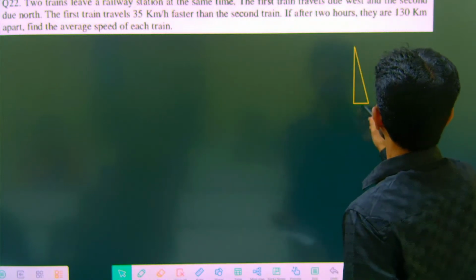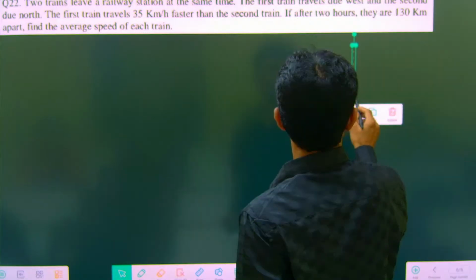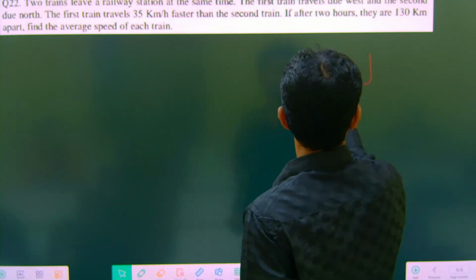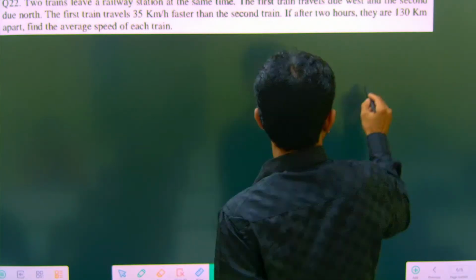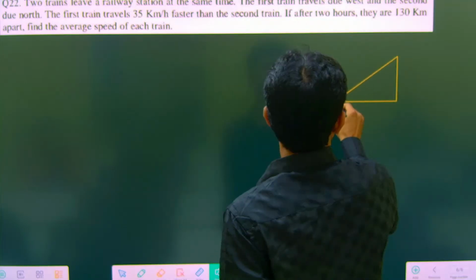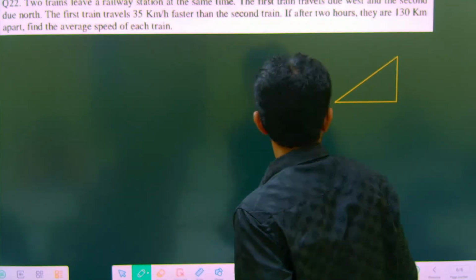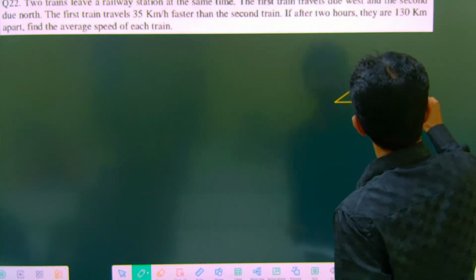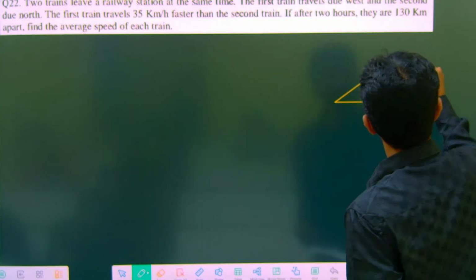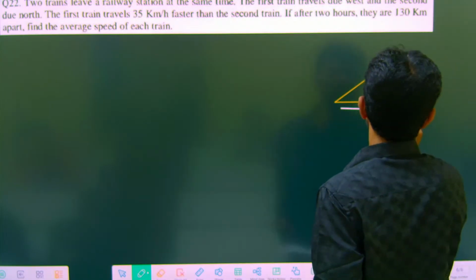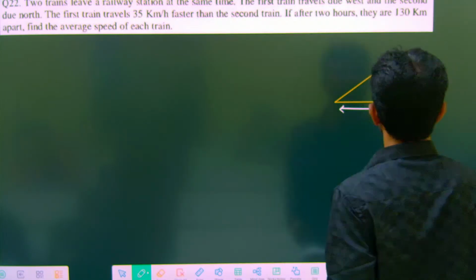The first train travels due west and the second train due north, and the triangle will be there like this. What happens here, both are traveling from this point, and from here one is going in the north direction and another is going in this direction.